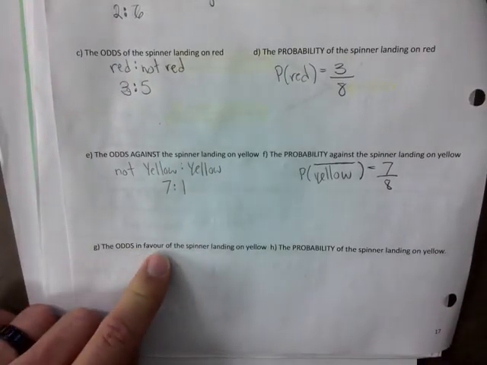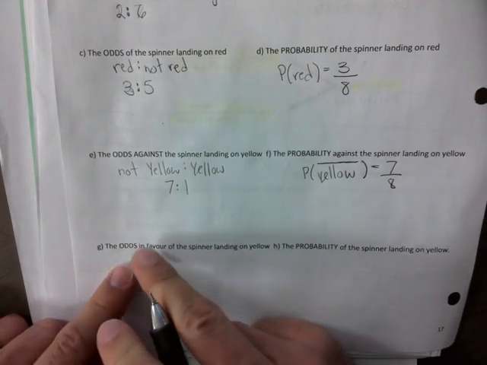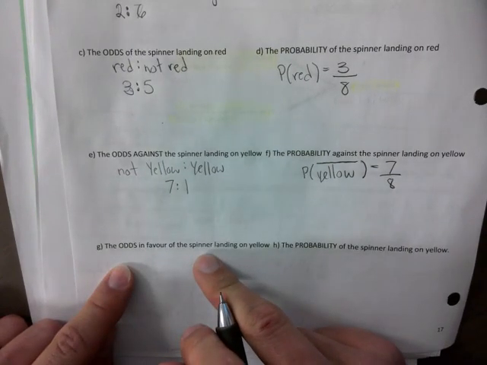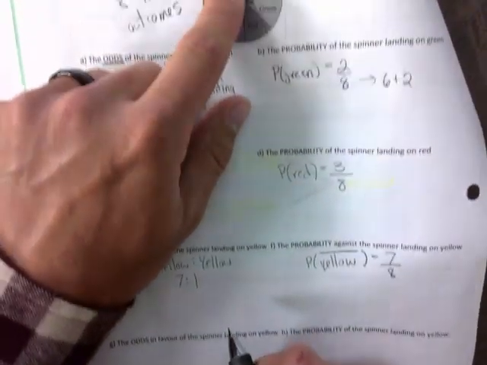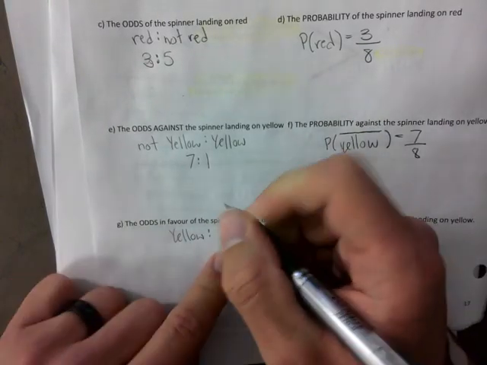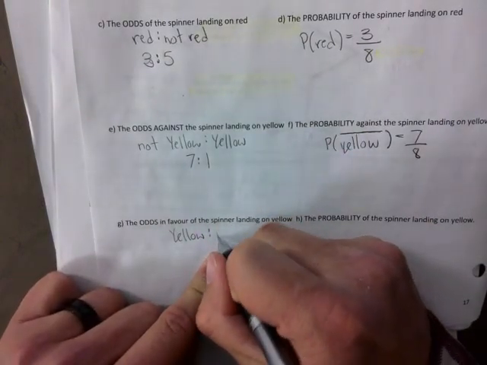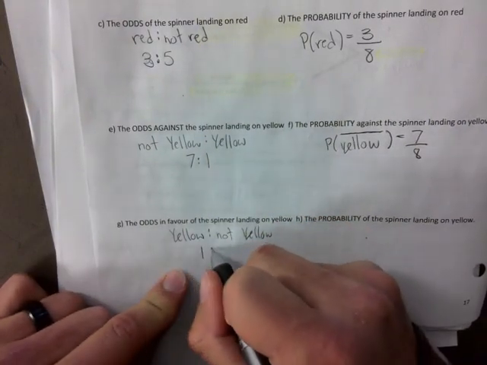And then the odds in favor of the spinner landing on yellow. We don't even have to look at the spinner if we didn't want. This is just yellow, just switching part E around and not yellow, so it'd be 1 to 7.